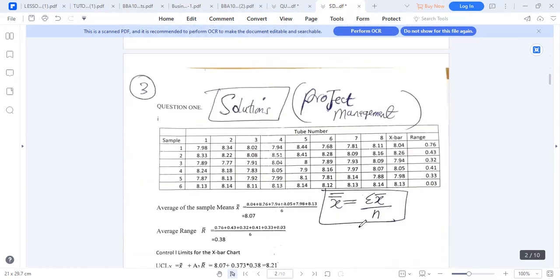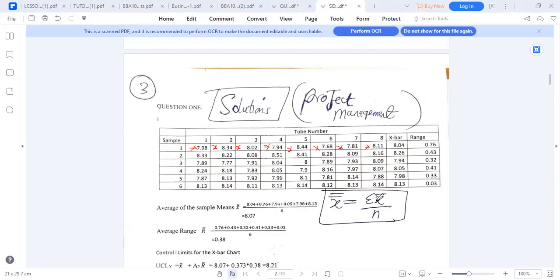So we have to find an X bar, which is the mean of each of these samples. We find the addition of each of these to get an X bar. Okay, so we use the X bar chart. There are 2 charts involved here.